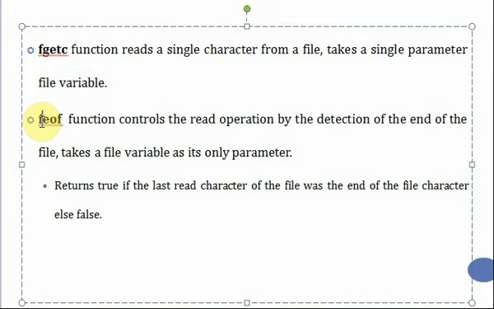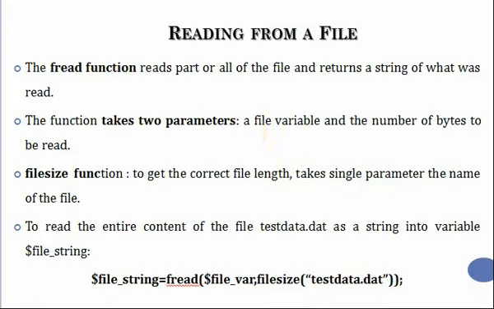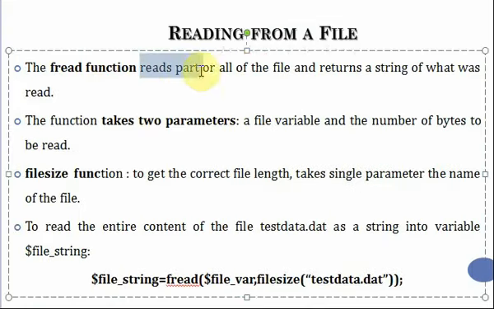The last function you have is the feof function. It controls the read operation by detecting the end of the file. It takes a file variable as its only parameter. So feof takes how many parameters? It takes only the file variable. It is a function used to control the read operation. When we talked about fread, we said that you can read either part or all of the contents of the file.